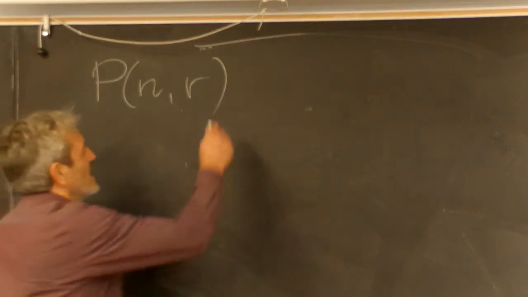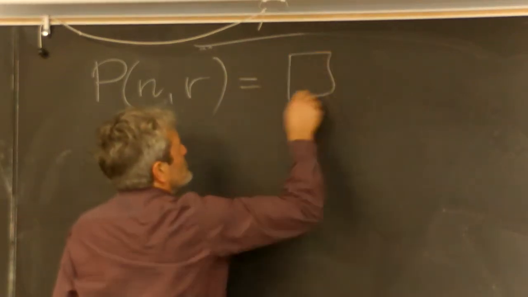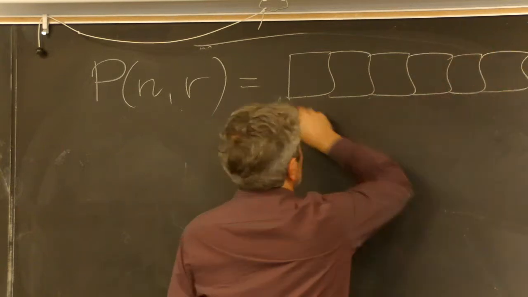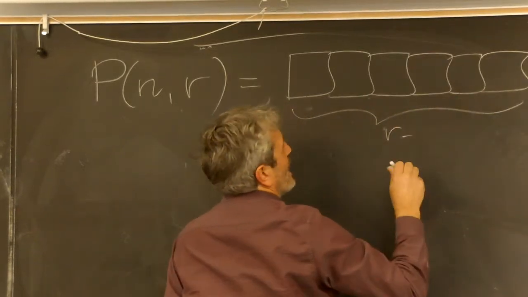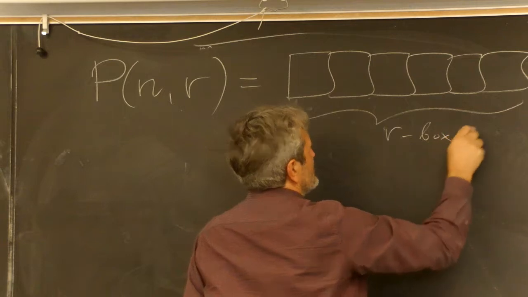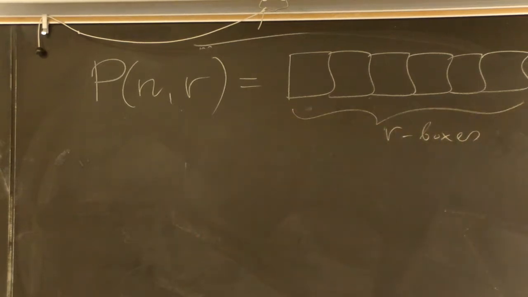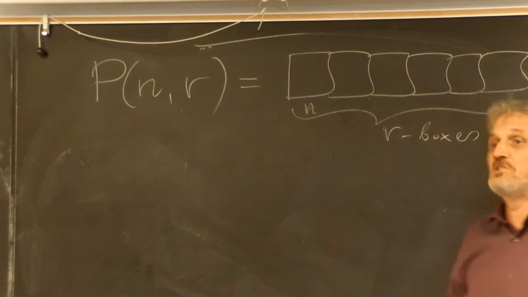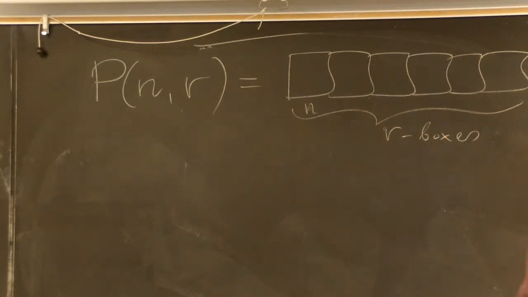So what would that be? You say the following: you need to make r decisions. So here are r boxes. And then, in how many ways can you fill in the first letter? n ways. Then when you fill it in, doesn't matter what you chose, they all behave in a homogeneous way.